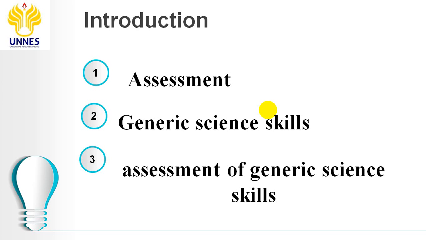Basic chemistry practicum on redox and electrochemistry, chemical kinetics, and introduction of functional groups takes generic science skills in the form of direct observation skill, symbolic language, and logical inference.